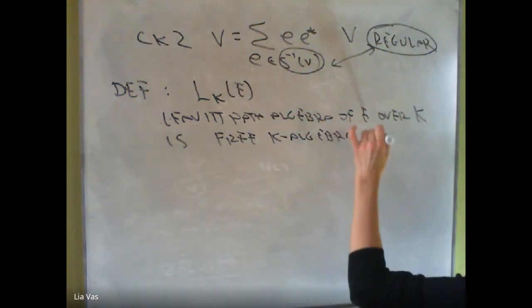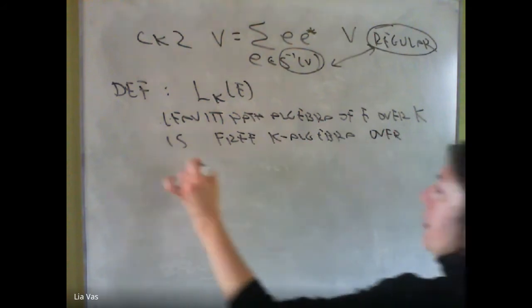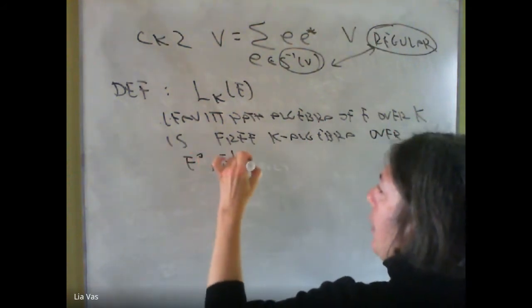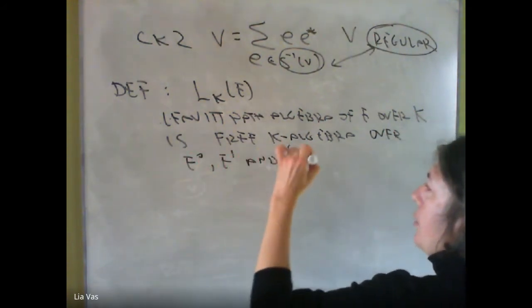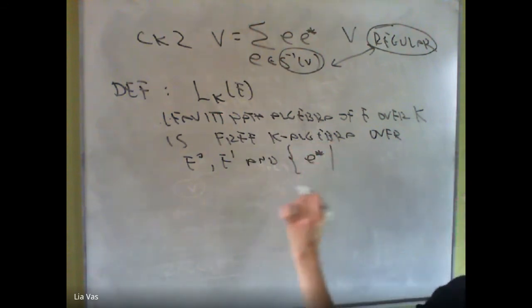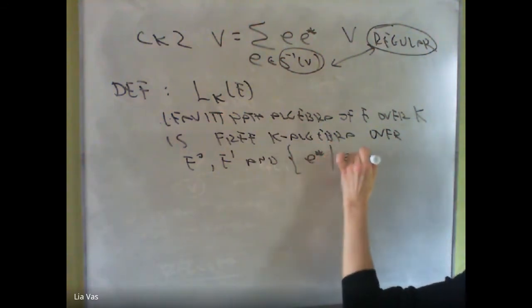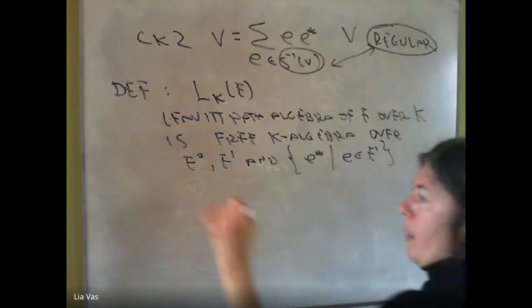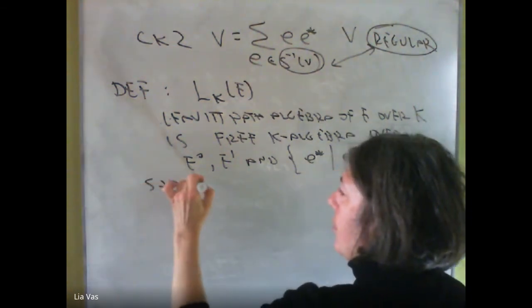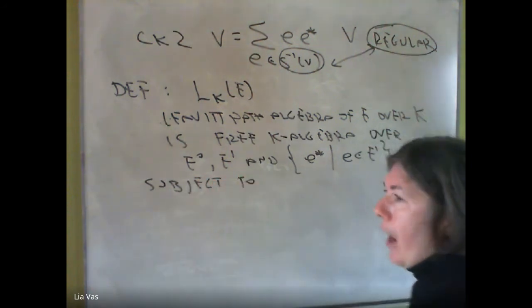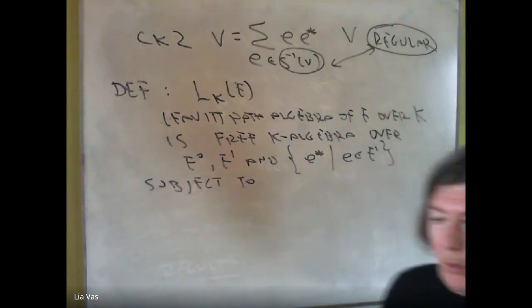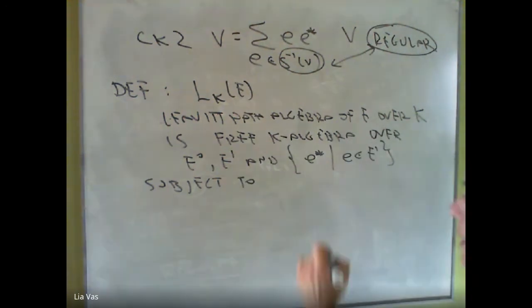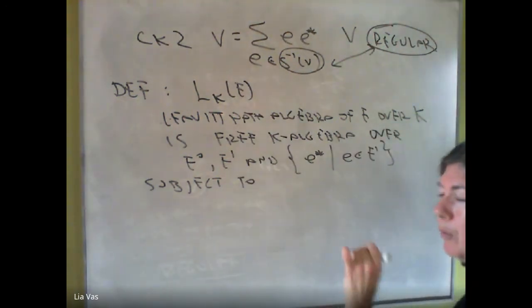So over E0, E1, and these ghost edges that we added, E star, where E is in E1, subject to. And now I will just list all the axioms that we have seen. There are five of them in total.